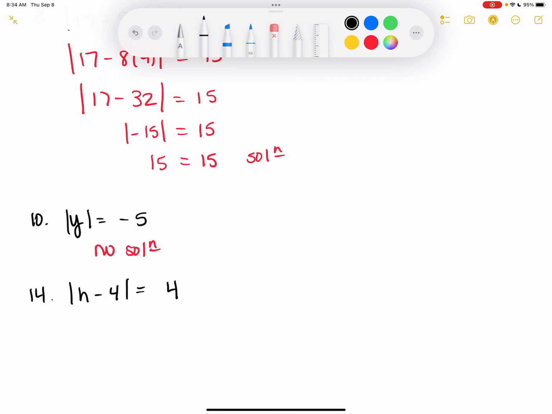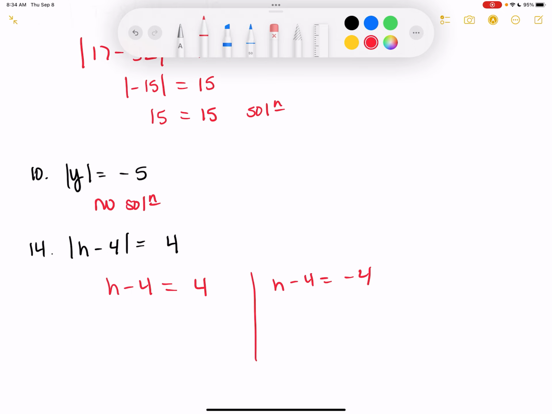So we're going to set it up as h minus 4 equals 4, and then the other one is h minus 4 equals negative 4. Because if the inside is equal to 4 or negative 4, then when we take the absolute value, it's going to be equal to 4. So what are my h values, if that's the case? H is equal to 8 or h is equal to 0.